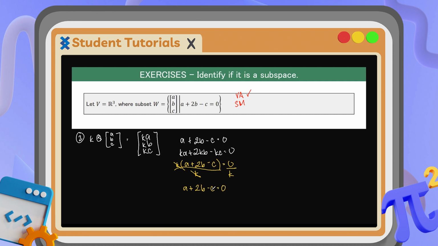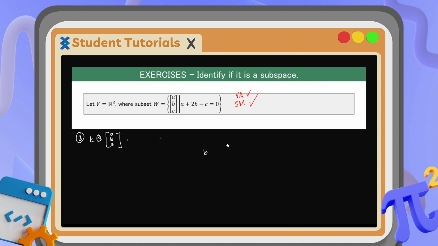Which means that this is satisfying scalar multiplication because we have satisfied the property right over here. So that is done for scalar multiplication. One last thing to consider also is the zero vector.